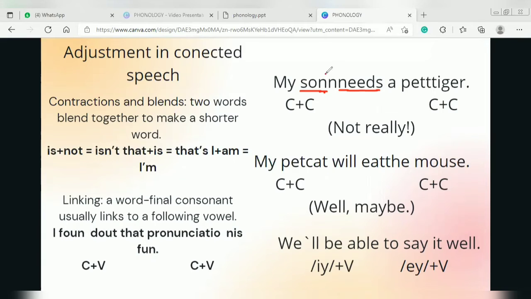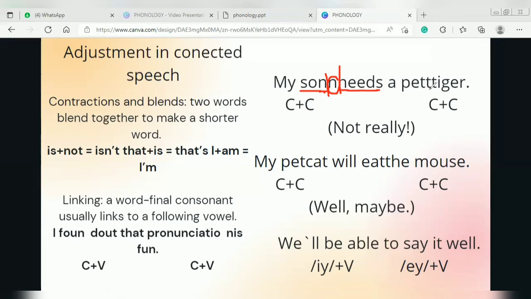We have n sound in the first and n sound in the second word. That is why in the pronunciation that n is longer than usual. The pronunciation of this is my son needs. This n is a nasal sound and is longer.